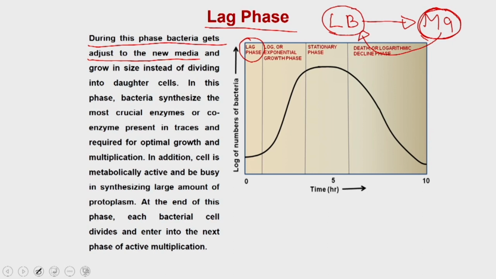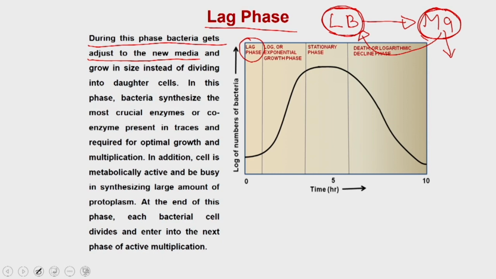It may just shut down those biochemical reactions, because in the M9 media it may not be getting those particular biomolecules, and because of that it needs to synthesize them. But once it reaches the LB media, it does not need to run those biosynthetic pathways to synthesize those essential molecules.